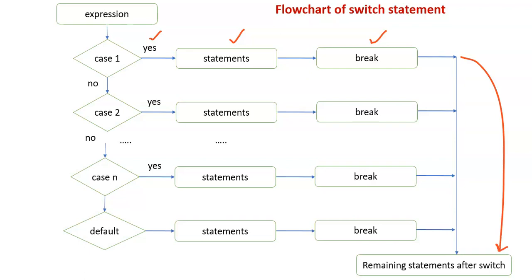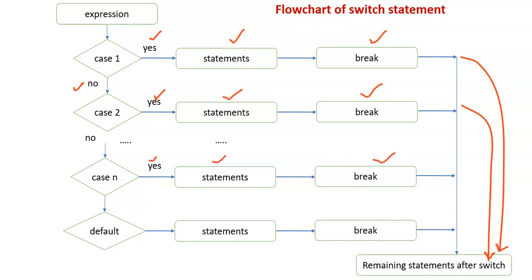And if case 1 is not matched with the given expression, then case 2 is matched with the given expression. If case 2 is matched, then its related statements are executed. Then the break statement is used to get the control out of the switch statement, and the remaining statements after switch are executed, and so on. This procedure continues. And finally, if case n is matched, then its related statements are executed.